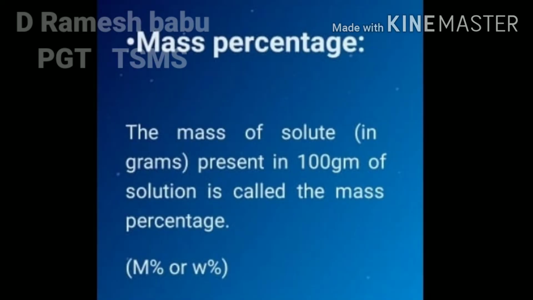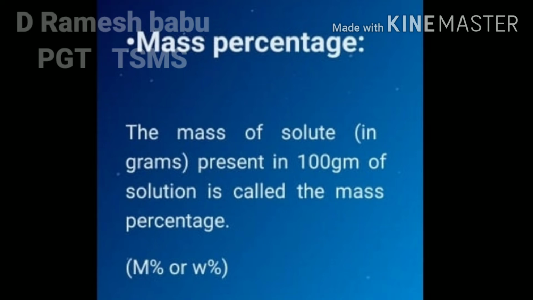First one, mass percentage. Percentage means, students, simply when it is made up to 100. The mass of solute in grams present in 100 grams of solution is called the mass percentage. This also you learned at school level. It's very simple, and the one below is its symbol.